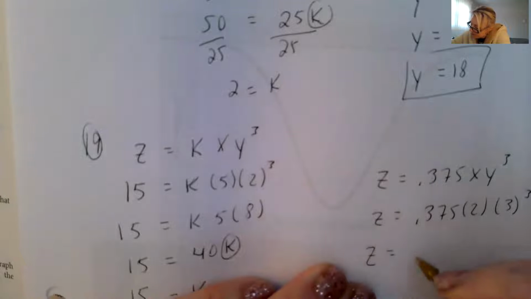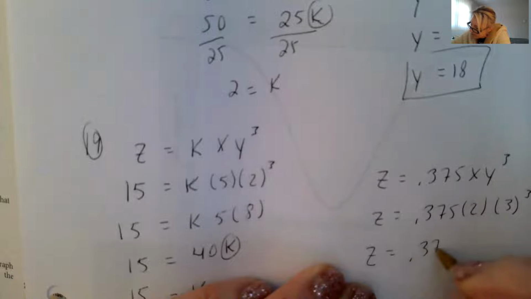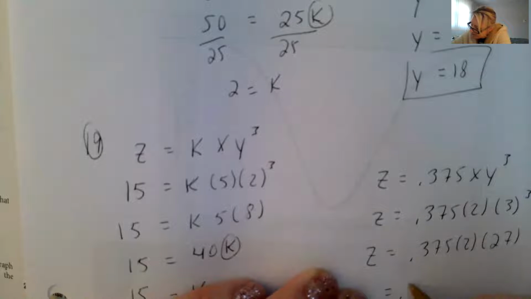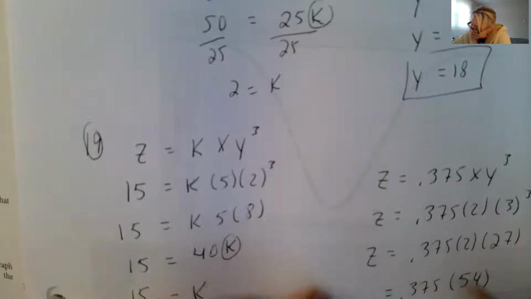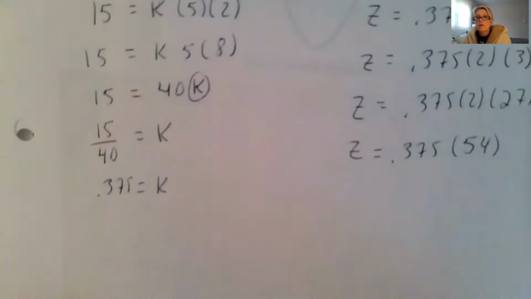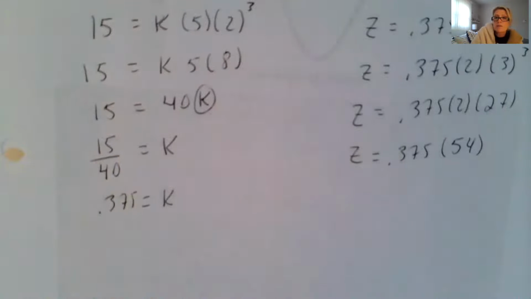So we have 0.375 times 2. 3 cubed is 27. So this is 0.375 times 2 times 27, which is 54. And so we just need to find out what 0.375 times 54 is.